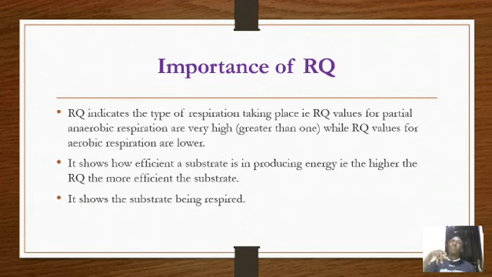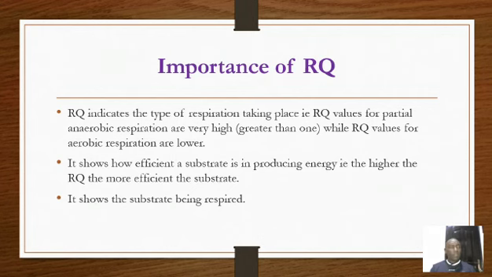But RQ values that are high, usually greater than 1, indicate partial anaerobic respiration, meaning anaerobic is coming in. Why? Because if respiration tends towards becoming partial anaerobic, that means little oxygen is being used, but much carbon dioxide will be given out.